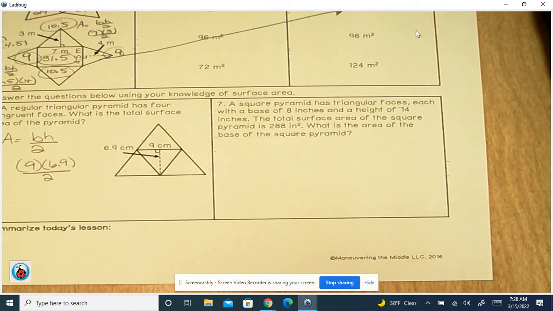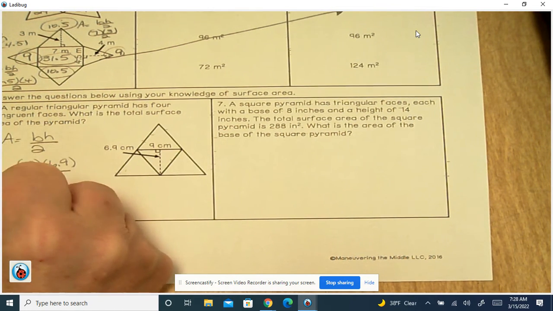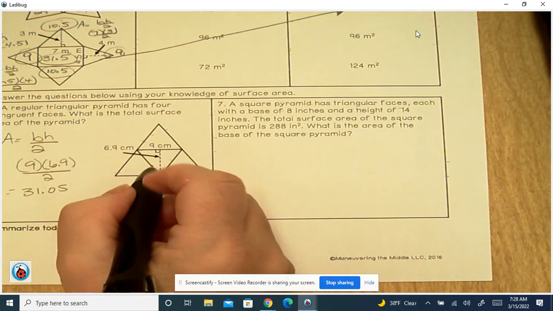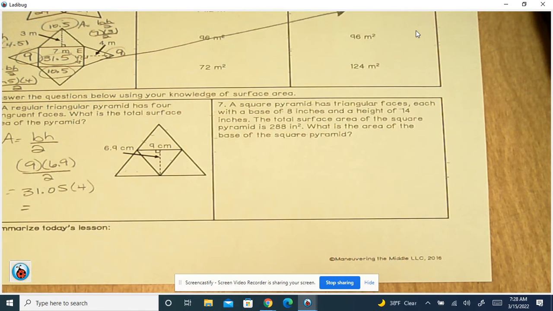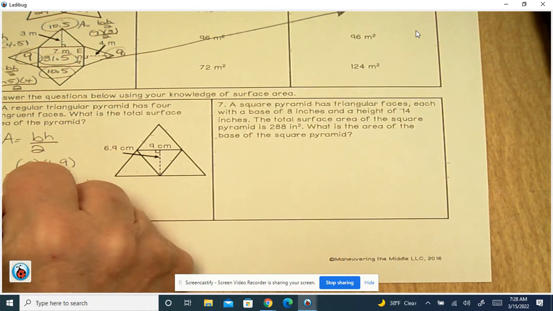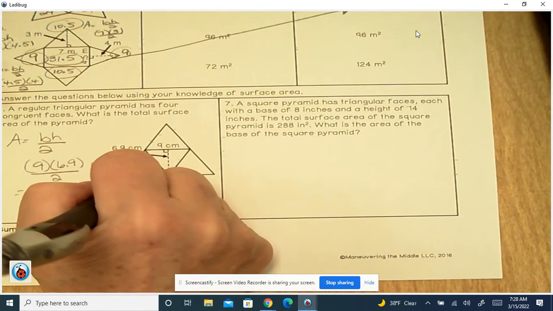And when you multiply 9 times 6.9, you get 62.1. Divide that by 2, you get 31.05. That's what it is for 1. But we have 1, 2, 3, 4. So we want to multiply that by 4. And we get 124.2 centimeters squared.